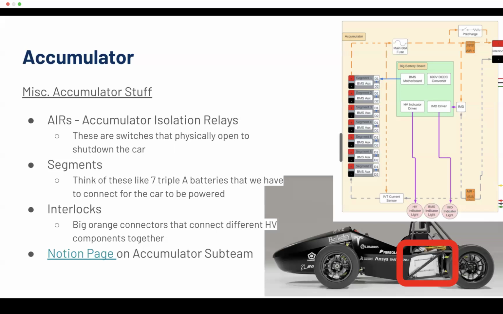So actually a really important thing about the AIRs and pre-charge really quickly. This presentation isn't supposed to go over pre-charge, but I'll just cover this really quickly because this is a common interview question when talking about system design for various high voltage electrical applications. So, like I said, these AIRs physically disconnect the battery.